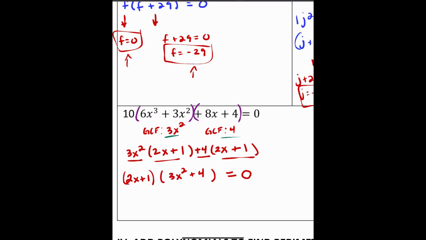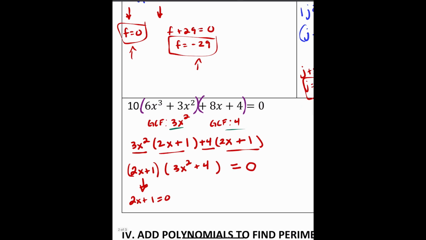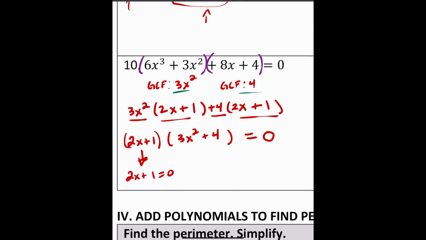Now, we can go ahead and take this expression and set it equal to 0. So I have 2x plus 1 equals 0. I'm going to subtract both sides by 1. So I have 2x equals negative 1. And then I'm going to divide both sides by 2. So if I divide both sides by 2, I get negative 1/2.